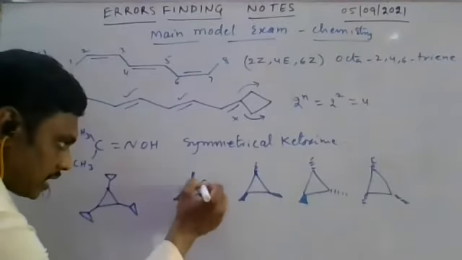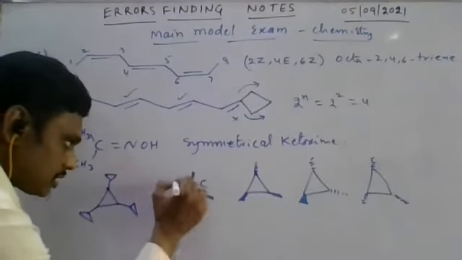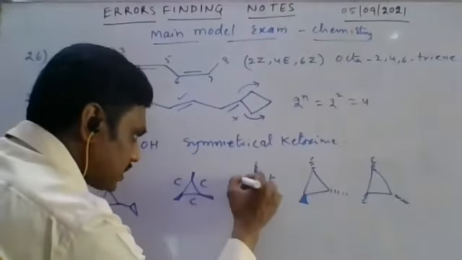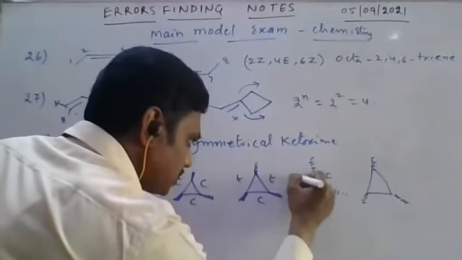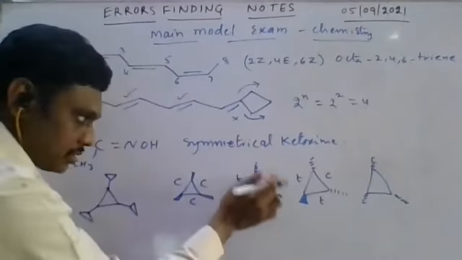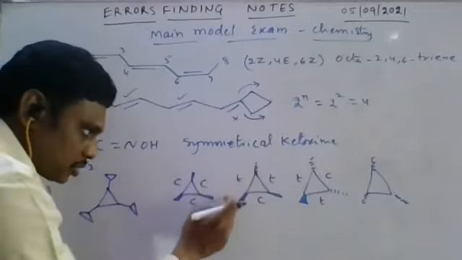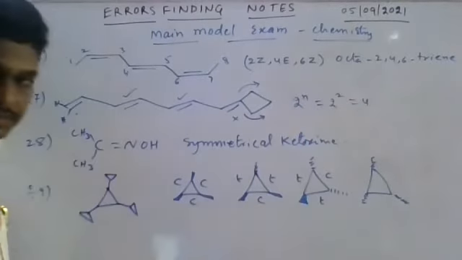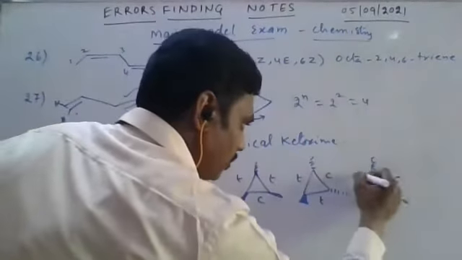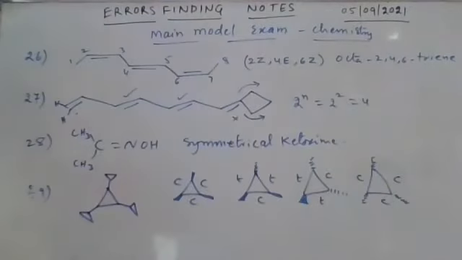These are the possibilities here with respect to these: cis, cis; cis, trans; trans, cis; trans, trans, Nana. Opposite plane is trans, same plane is cis. Here all are in the same plane, all together cis.